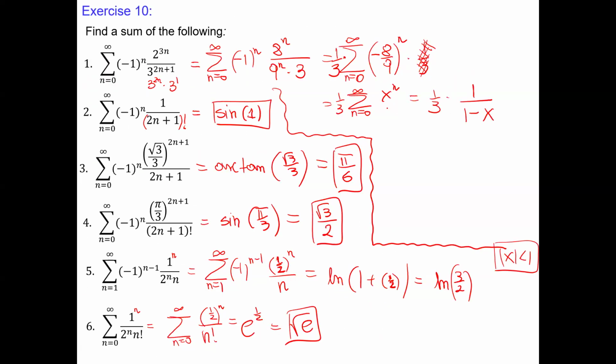Now let's check. Yes, 8 over 9 is correct. It's between -1 and 1.